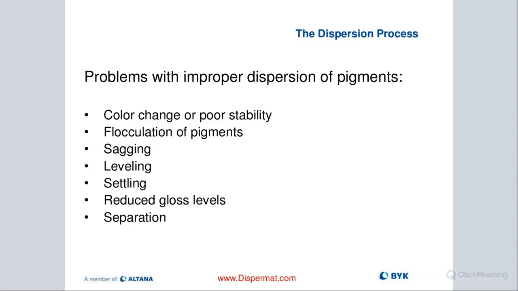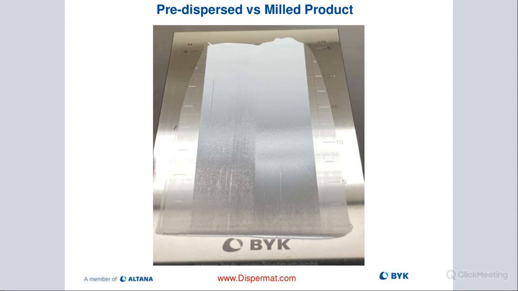There are other ones that are not listed, but it's very important that we do a really good job with our dispersing and milling process. So here is an example of why it's important. On the left, you can see a drawdown on a Hegman. So we are looking at something that's just pre-dispersed with the Cowles blade.